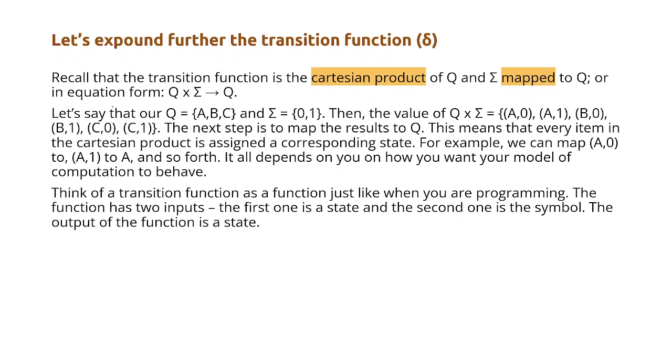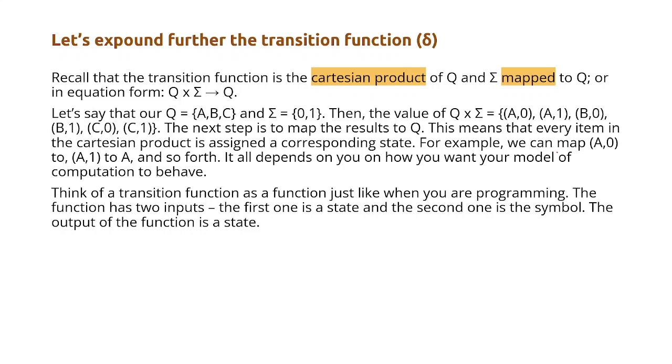Okay, thank you. Let's say that our Q is ABC and sigma is 0, 1. It's like my earlier example, but with capital letters. Then the value of Q times sigma is A0, A1, B0, B1, C0, and C1. The next step is to map the results to Q. This means that every item in the Cartesian product is assigned a corresponding state.